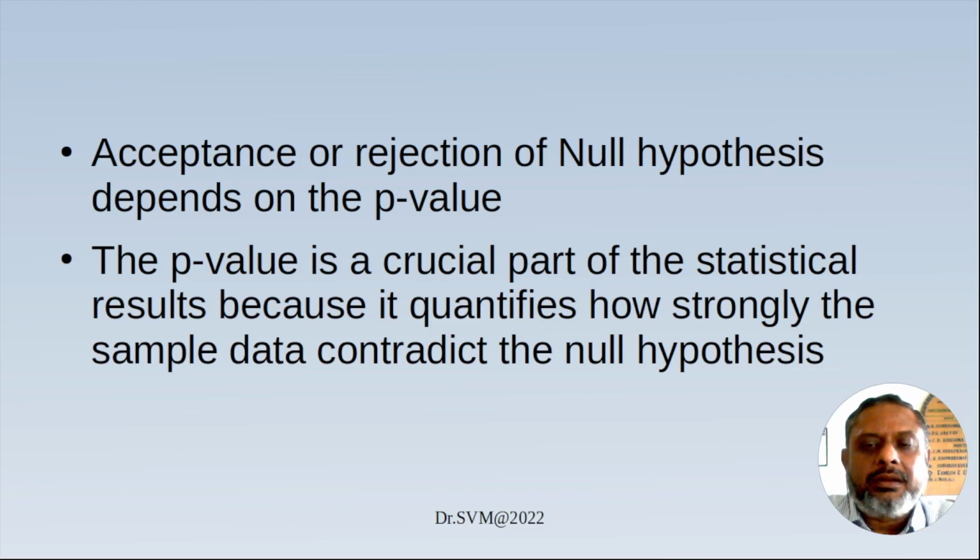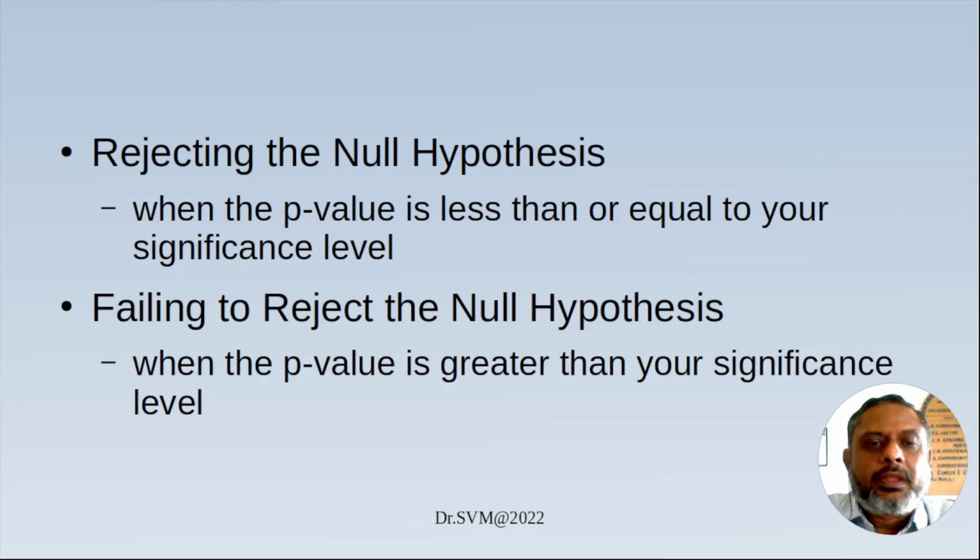We can reject looking at the evidences. So when the p-value is less than or equal to the significance level, we can reject it. And when the p-value is greater than the significance level, then we fail to reject null hypothesis. We are saying that we are failing to reject null hypothesis. That doesn't mean that we are accepting null hypothesis.